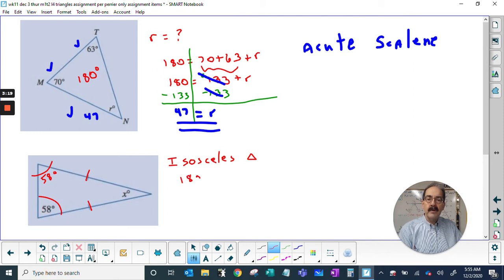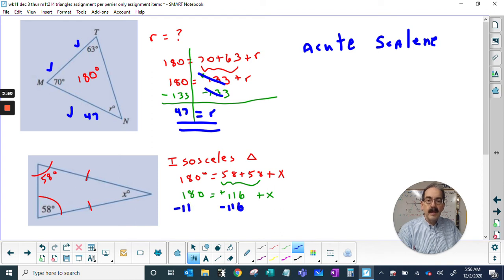Now it's just a simple math problem. 180 degrees is equal to 58 plus 58 plus the unknown x. Combine the like terms. 180 is equal to 116 plus the unknown. Well, if this is a positive 116, to remove it, we subtract 116 from both sides.